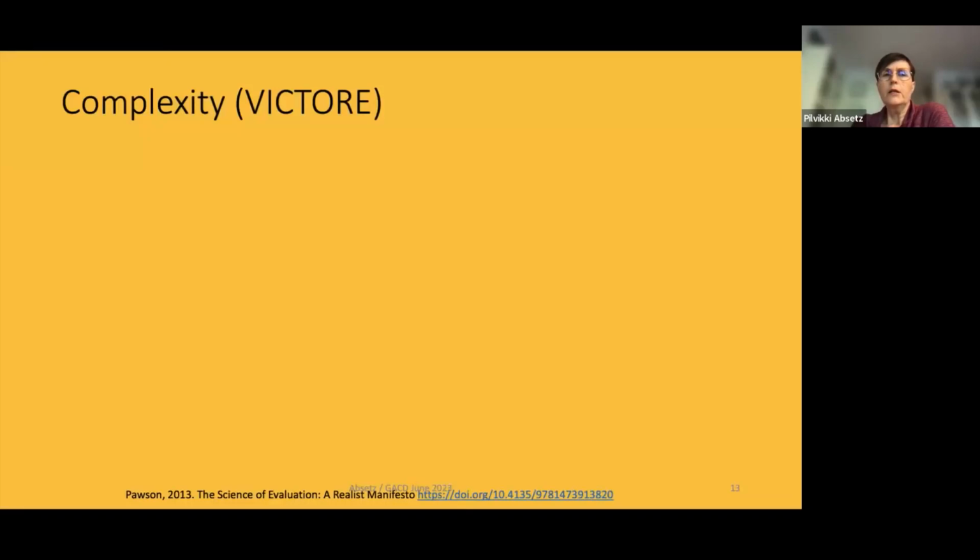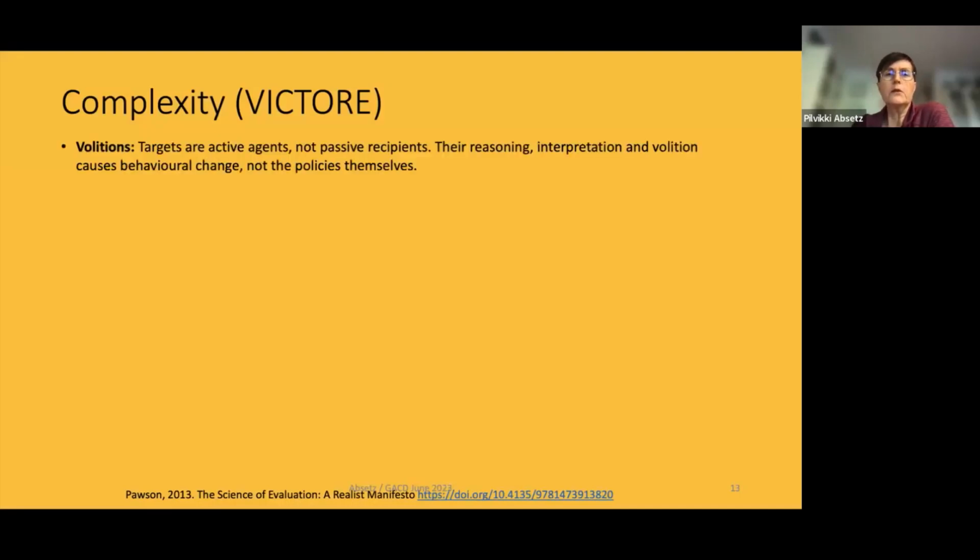The way complexity is defined, for example, this is from Pawson, The Science of Evaluation, a realist manifesto, is to see, first of all, that the targets, whether the implementers or the end users or beneficiaries, are active agents, not passive recipients.